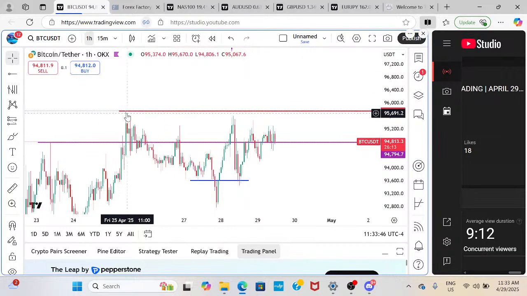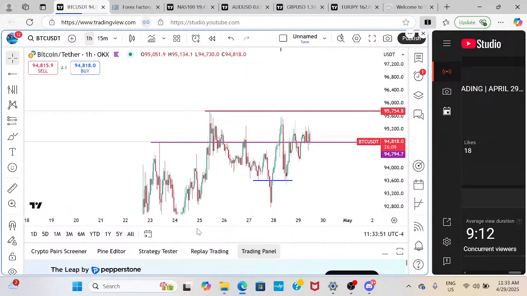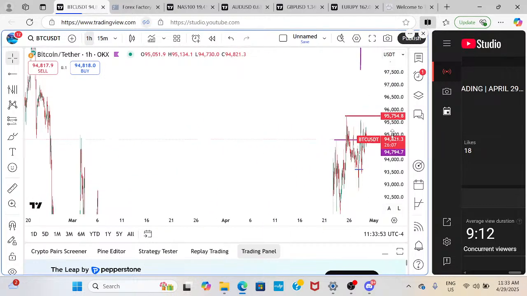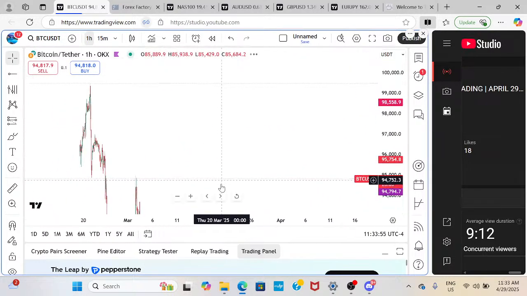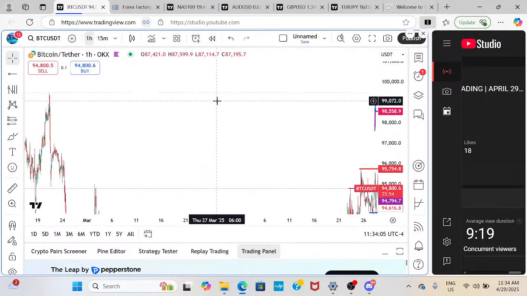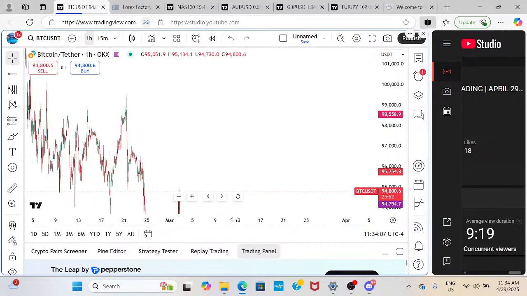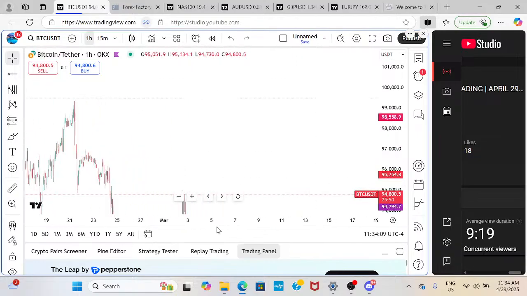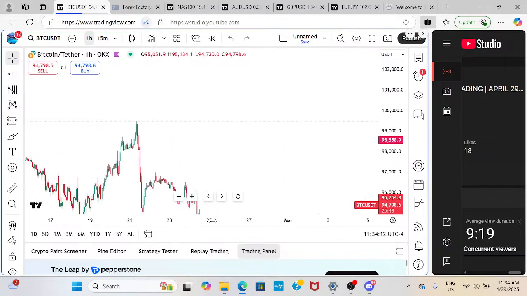Now, once we're able to break this 95,729 resistance, where Bitcoin is going to get to next, it is going to be able to push to 96,500, and it could actually even go higher. Let me just zoom in here.